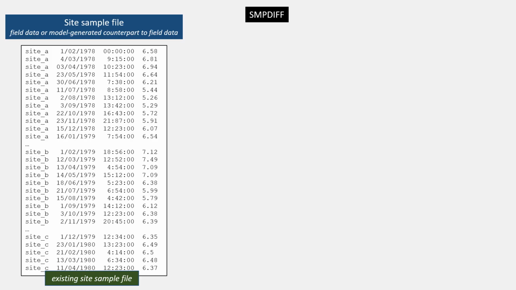There's a program supplied with the groundwater utilities called SAMP-DIFF, which will read a site sample file and take differences. This site sample file can have field data, it can have model outputs. So SAMP-DIFF will read, for example, this file. And this file, as I said, can contain model generated or field data.